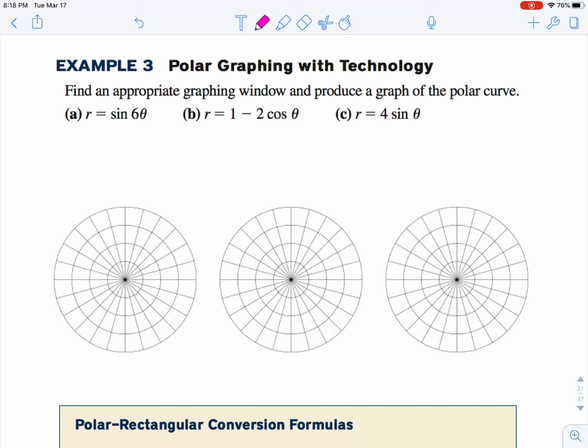Now, one of the things I would do if I was graphing this without a calculator, which makes it a little tricky, but sine of 6 theta, if I start at, say, theta equals 0, I get 0. But then as theta increases, so say for instance theta is pi over 6, and I'm going to consider this to be 1 unit just so I get a nice wide graph here.